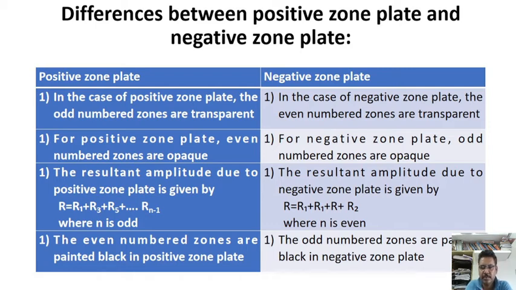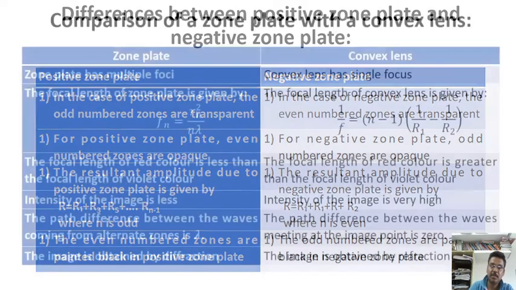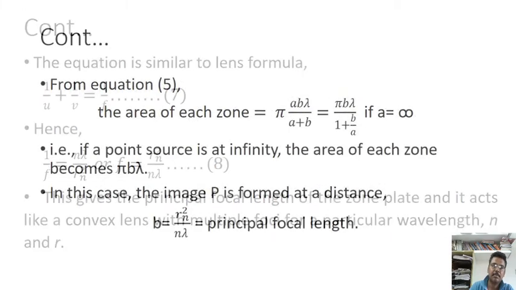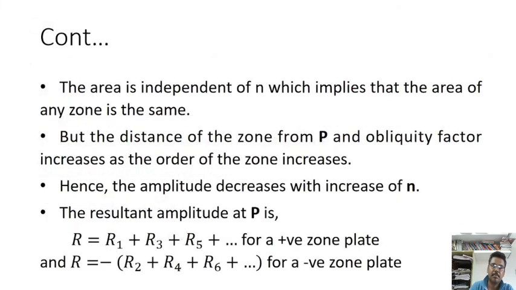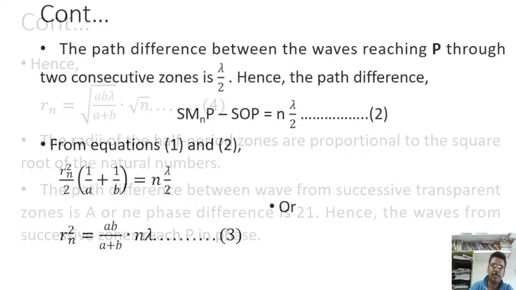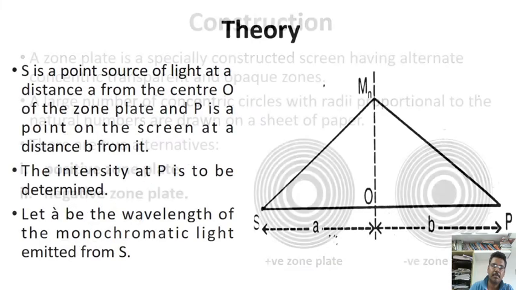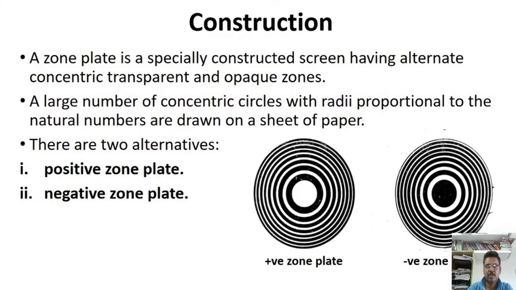So here we see the positive zone plate. In the case of a positive zone plate, the odd number zones are transparent. Initially, we show it in the diagram. You see, this is 1, this is 2, this is 3, this is 4, this is 5, this is 6.